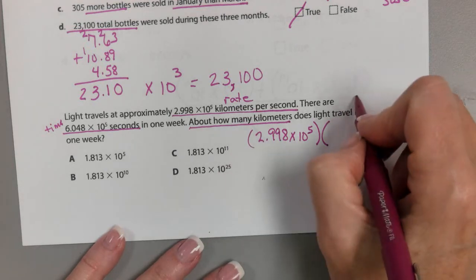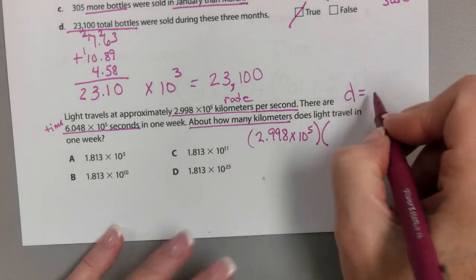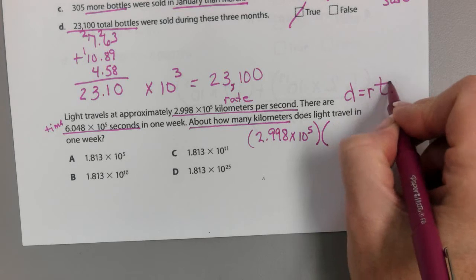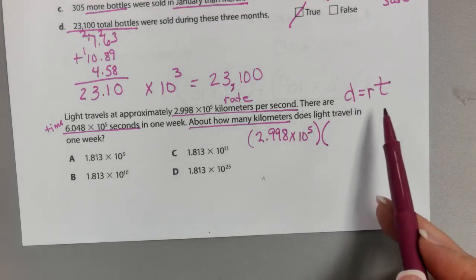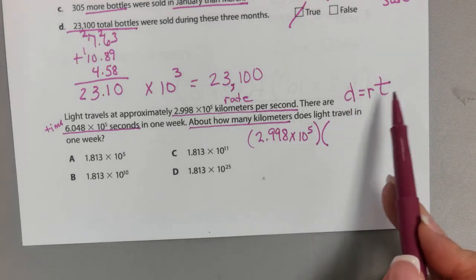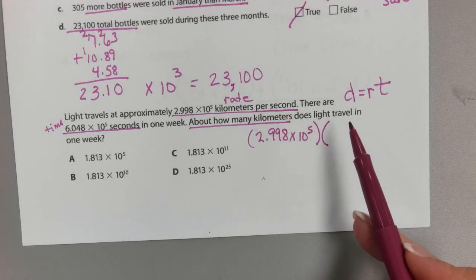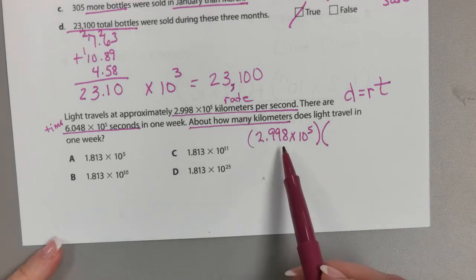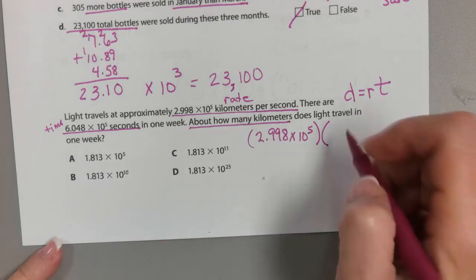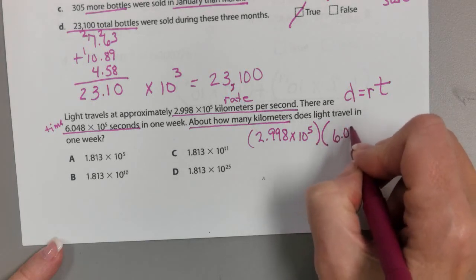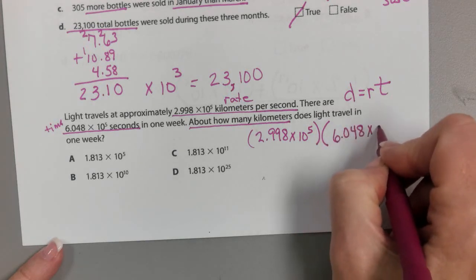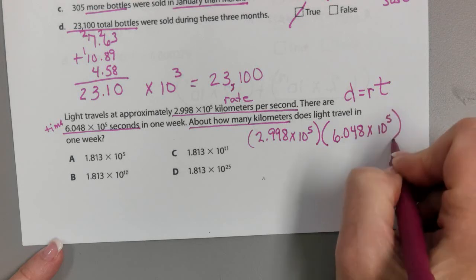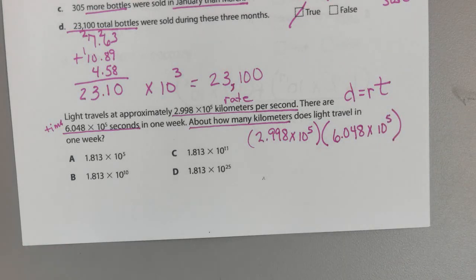We said the other day, when you have rate and time, you're really using your DIRT formula. Distance equals rate times time, because we're looking for the distance. So I've got my rate, I've got my time, and when I multiply them, I will get my distance, my kilometers.